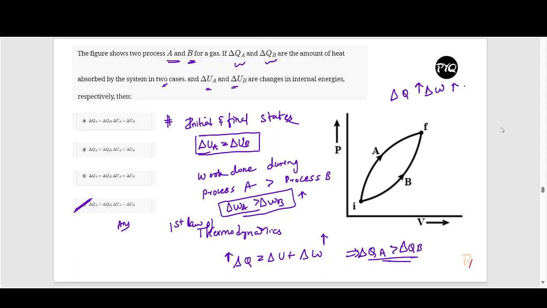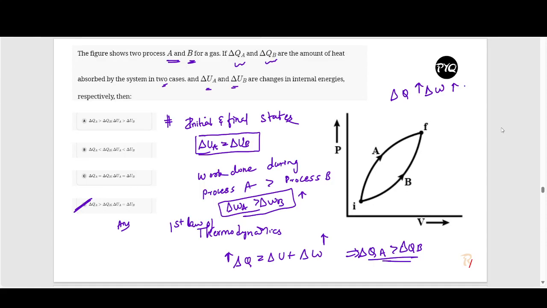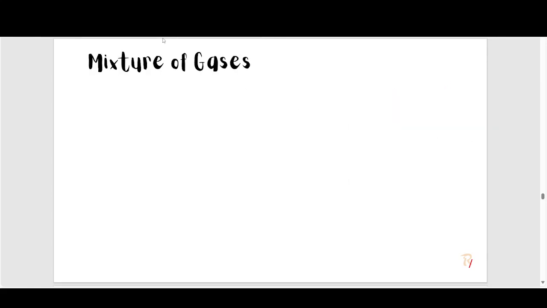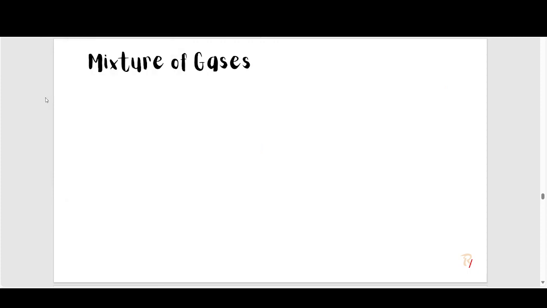Moving to the next question. Going back to the mixture of gases. Mixture of gases is nothing but, let me take a closed container.